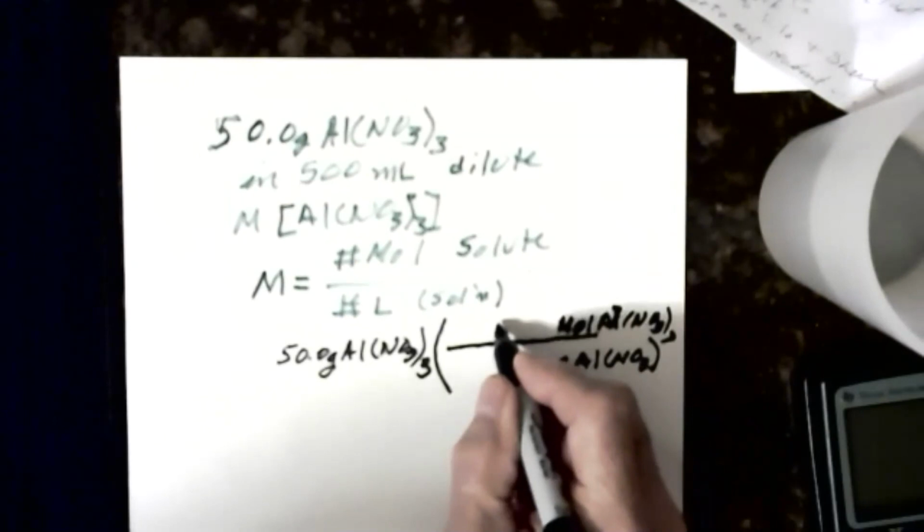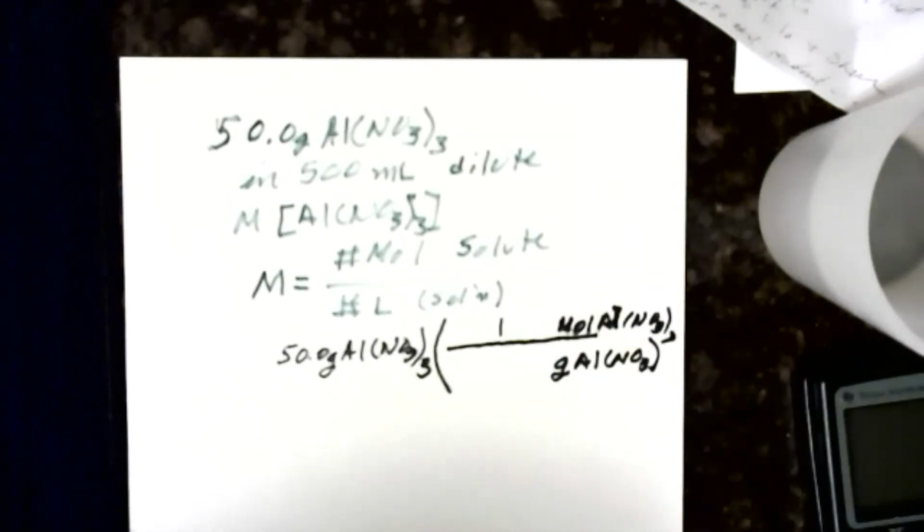So I want the moles of the aluminum nitrate. Well, if I had 1 mole, I can actually figure out how many grams that's going to be. So I'm going to get our periodic table over here. This compound has aluminum in it, and we have 1 aluminum. It's 26.98 grams.